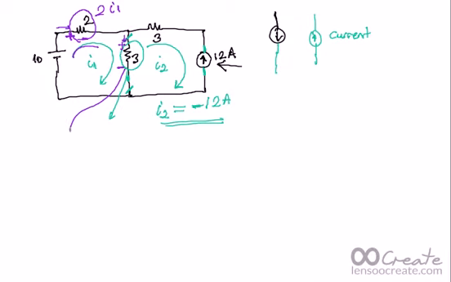What is the voltage drop on these three? I1 is going from up to down, and I2 is going from down to up, which is minus 12 ampere. So the voltage drop on this three is I1 minus minus 12, times 3. And here I have the 10 volt.